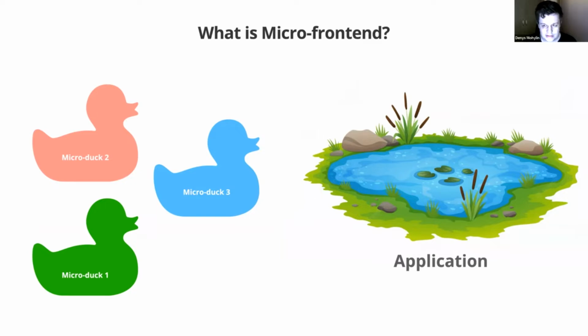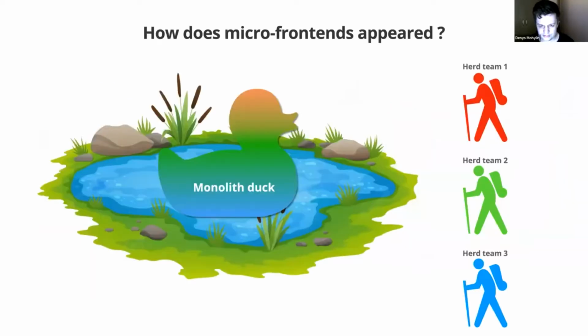For example, let's start from the team splitting. From the first view, you can see that you have a very huge monolith duck. It means you have a great application with a lot of functionality inside, and you need to split this functionality, and not just split, you need to split not only the code, you need to split tasks by team.